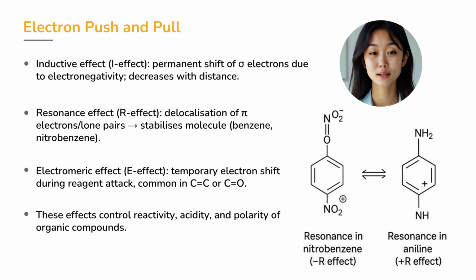For example, in benzene, the 6 carbon atoms share 6 delocalized pi electrons equally, which stabilizes the ring. In nitrobenzene, the -R effect pulls electrons towards the nitro group. In aniline, the +R effect pushes electrons into the ring from the nitrogen atom.